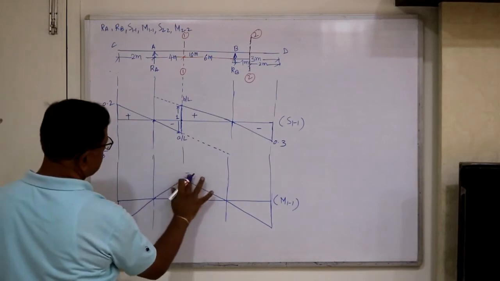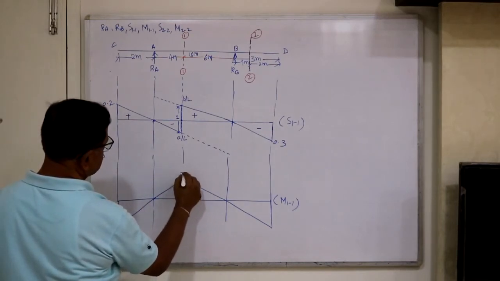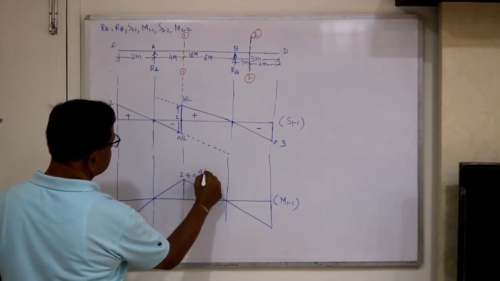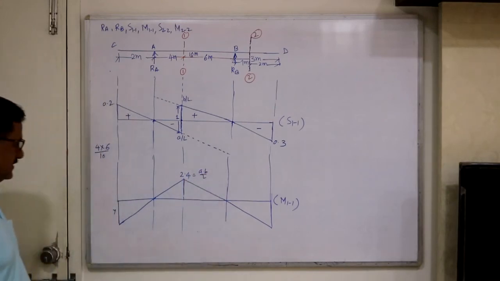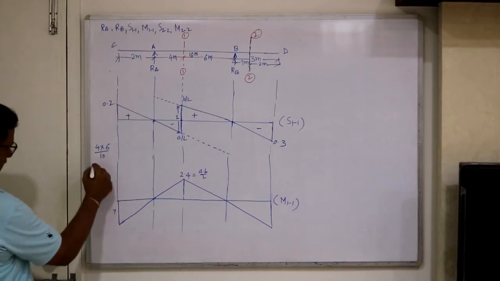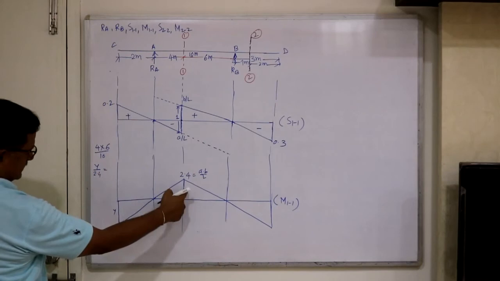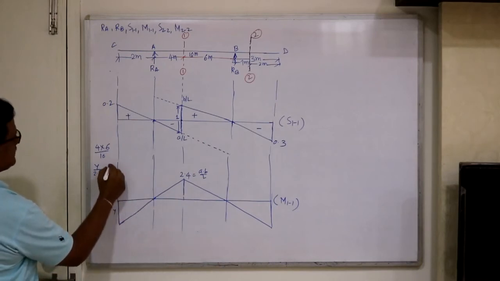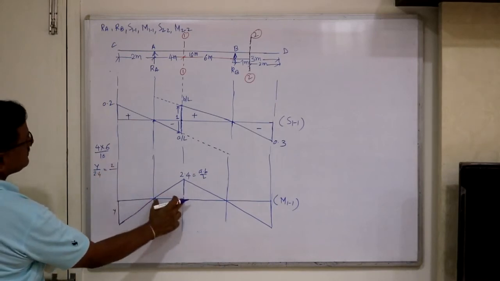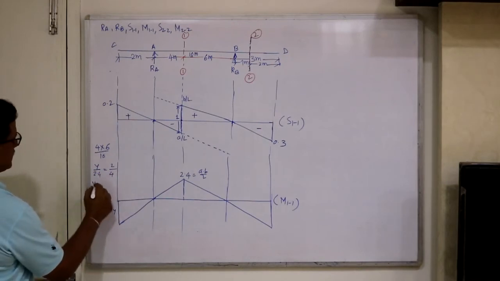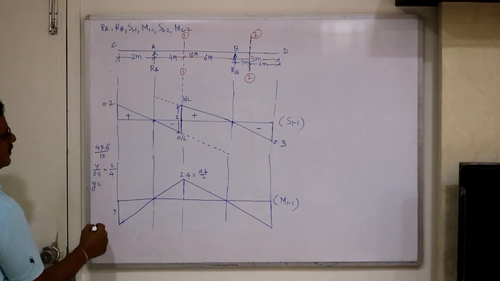So this ordinate will be 2.4, because this is AB upon L. Say that means this Y divided by 2.4 equal to this height divided by this height. This base is 2 divided by this base is 4. Then this becomes y equal to 1.2.